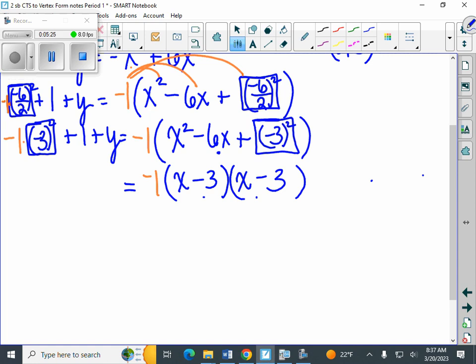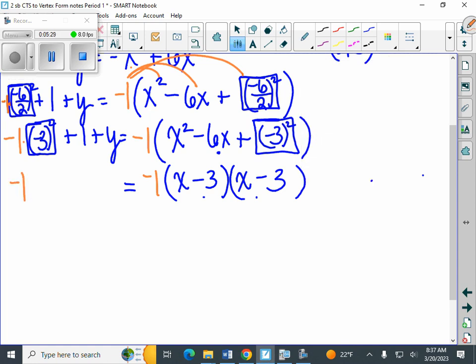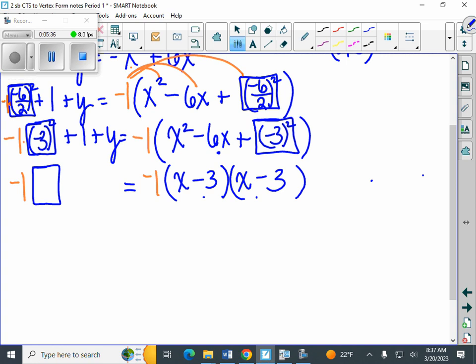On the other side, we can start simplifying. We still have our negative 1, but instead of our box of negative 3 squared, negative 3 squared means negative 3 times negative 3, which is positive 9. And then we have our plus 1 plus y.